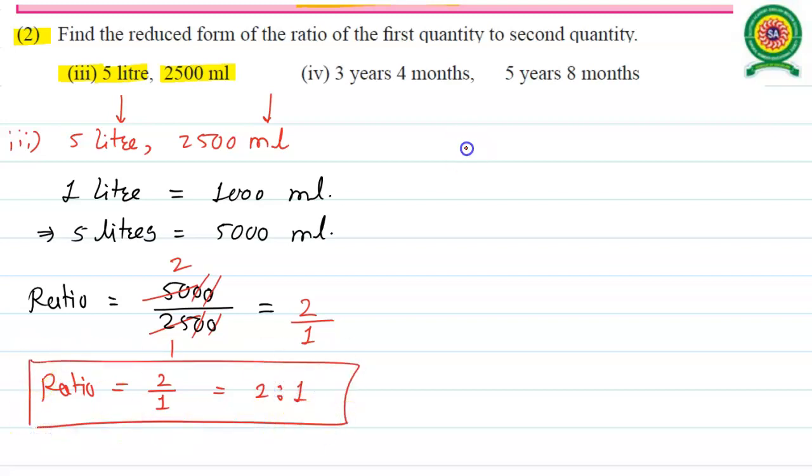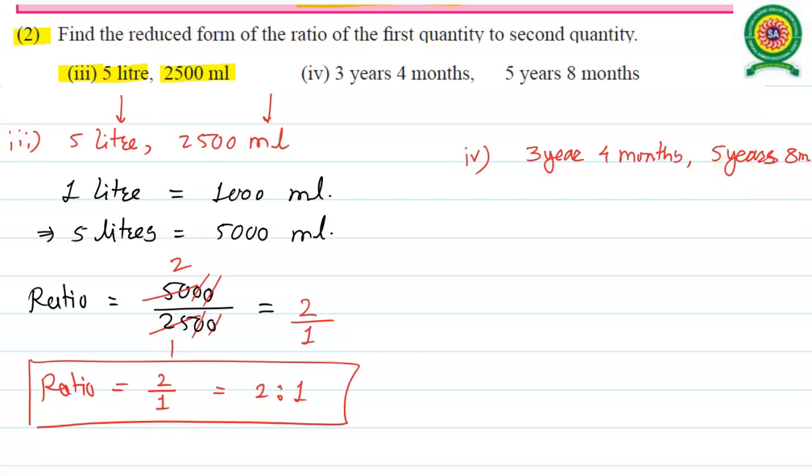Now look at the fourth sub question. The first quantity is 3 years and 4 months and the second quantity is 5 years and 8 months. Once we are forming the ratio, the quantities must have the same units.